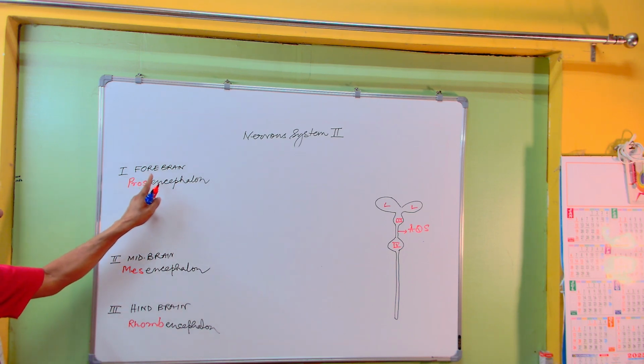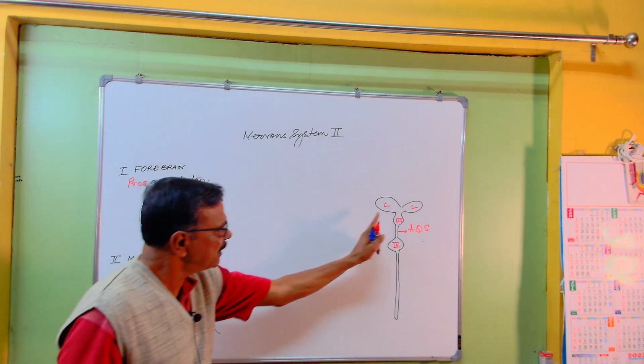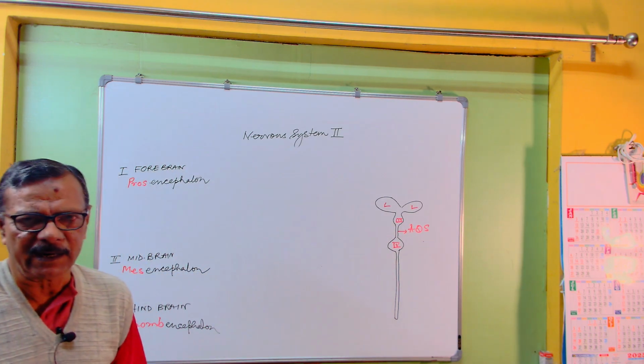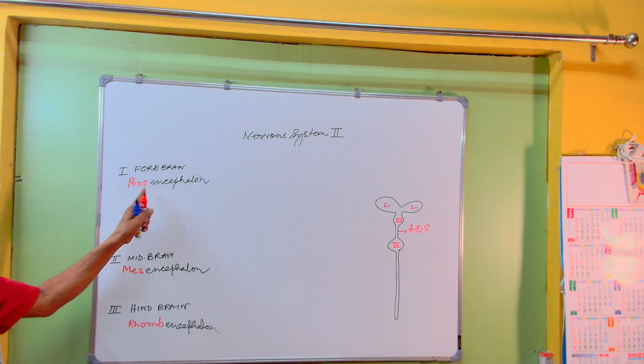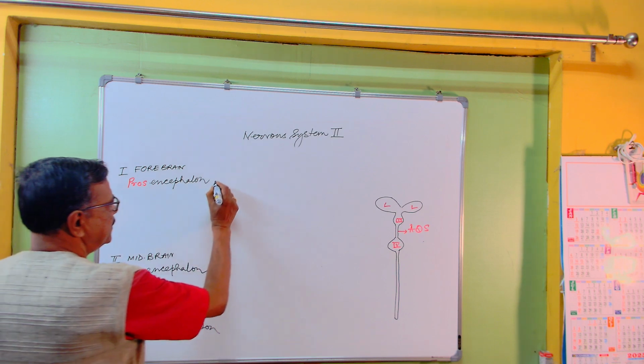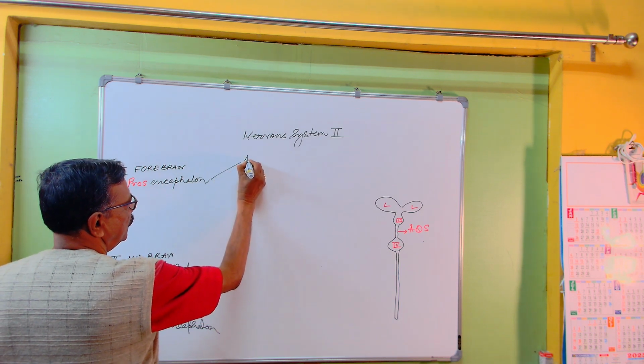Okay. Now we will study the forebrain one after another. It will be easier, not very difficult. The prosencephalon is divided into two.